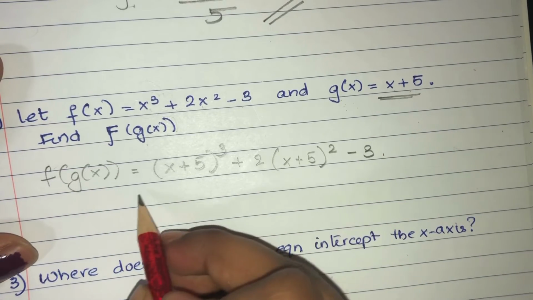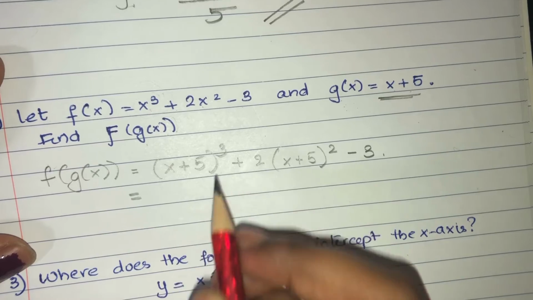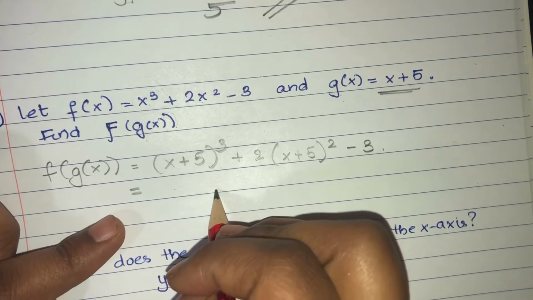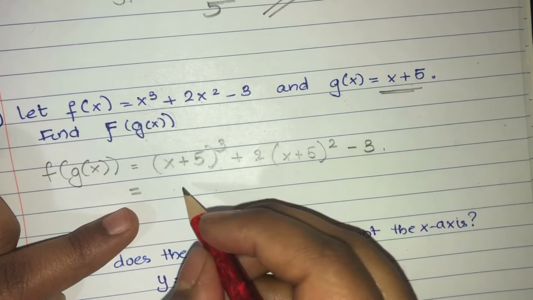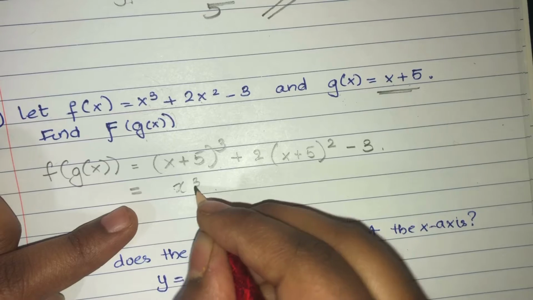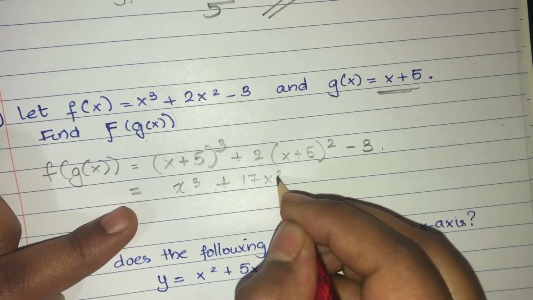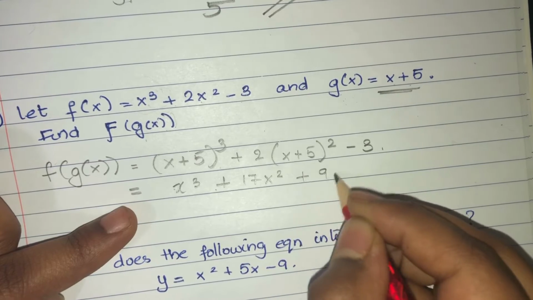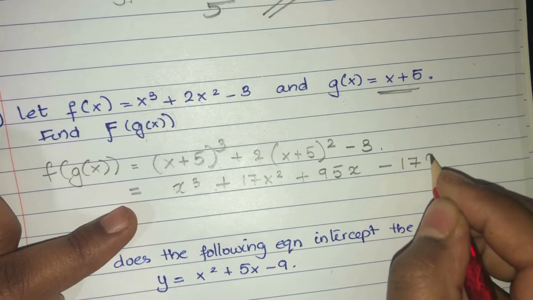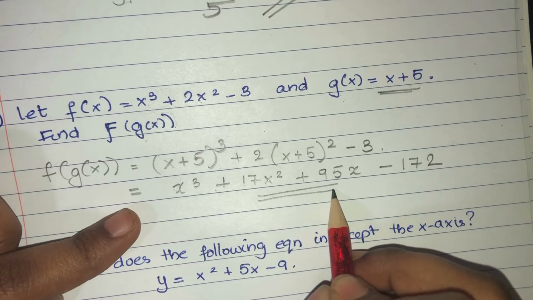So what we'll be getting is, now we can expand the cubic function. There's not much space, so you have to do this by yourself, and the final answer will be x cubed plus 17x squared plus 95x minus 172, and this is the final answer you'll be getting.